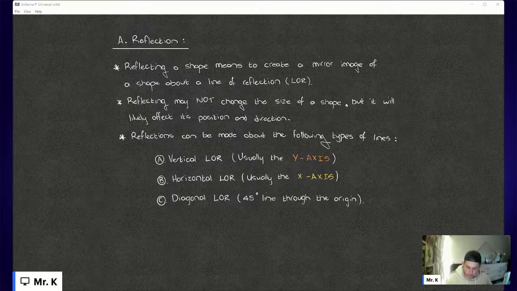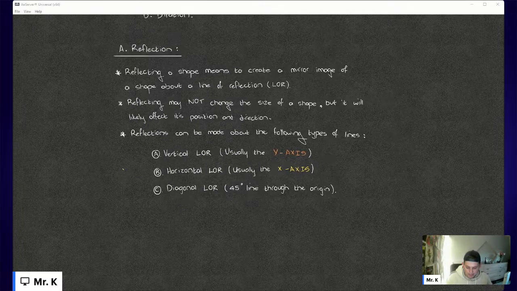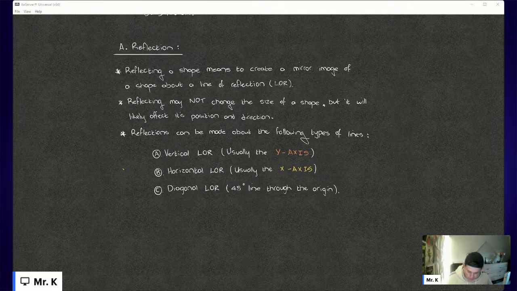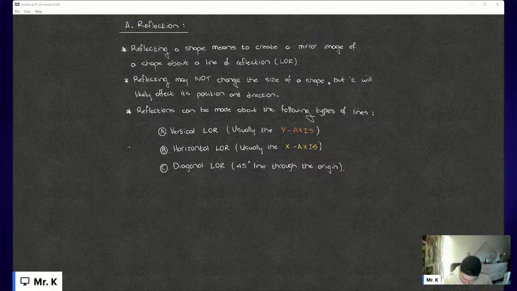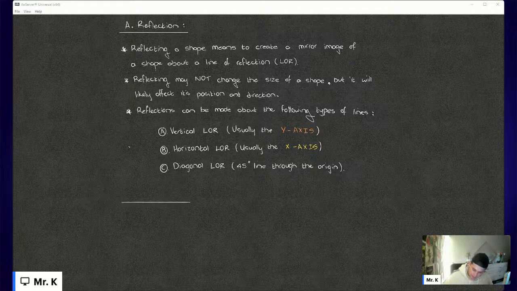So that's everything that we need to understand about reflection for now. And yes, reflections do impact our coordinates. And that's what we're going to pay a little bit more attention to in next week's lesson. But for now, let's focus on the theory. Next, after discussing reflections, we have rotations. Rotations is quite an obvious one, guys.